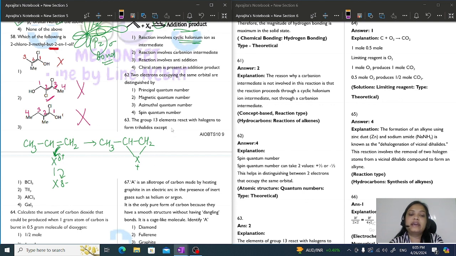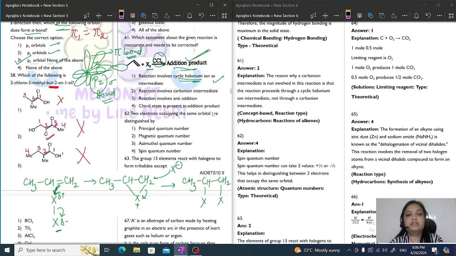Now the other X ion, the negative one that we were having here, will attack from the back side, and we will get a dihaloalkane like this. Addition product is formed. So yes, you can see that it involves halonium ion as intermediate. This is correct.